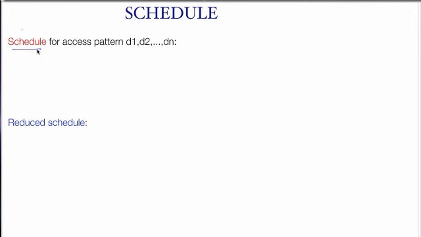A schedule for an access pattern is a sequence of either no-op or evict x for y. So the schedule is what you do on your cache. At every memory access, you either do nothing because your cache satisfies it, or you evict some element x for some other element y. That's what a schedule is.